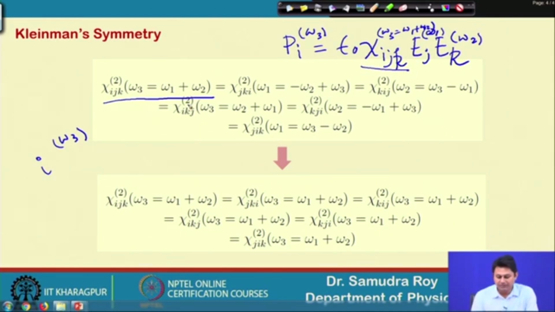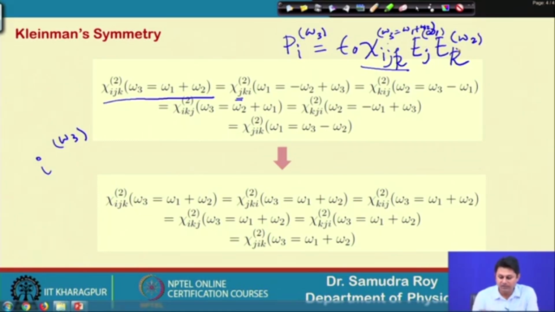Now, if I change the entire permutation, for example, now I try to find out what is jth. So, the jth component contains the omega 1 frequency. In susceptibility terms, we can see that the ith component is related to omega 3, the jth component is related to omega 1 and the kth component is related to omega 2.